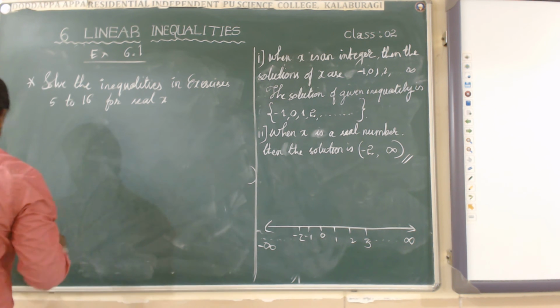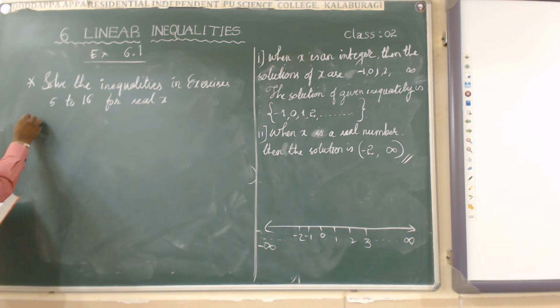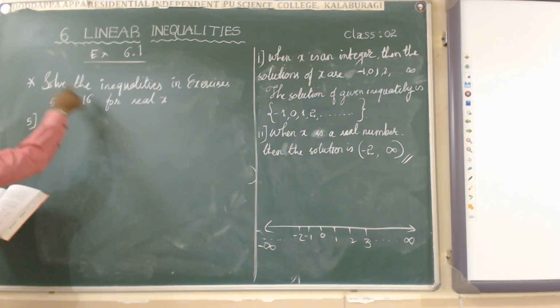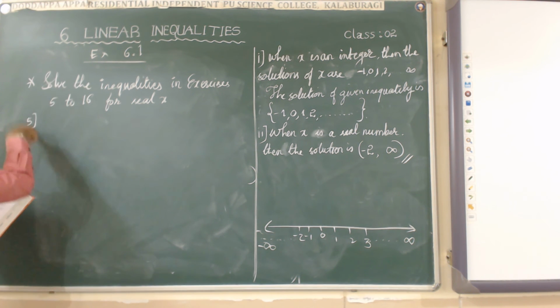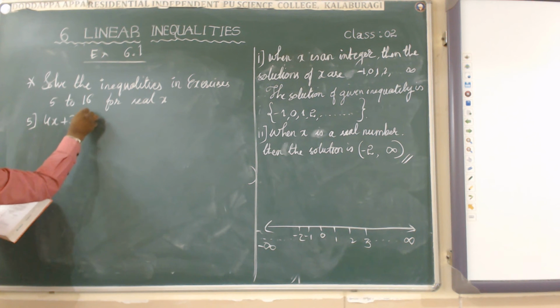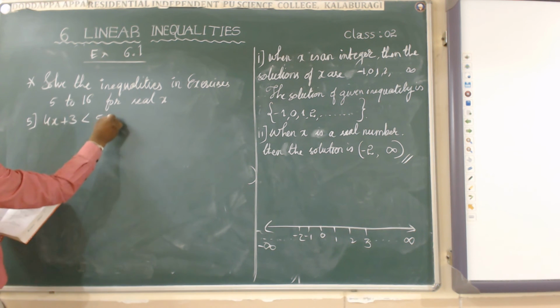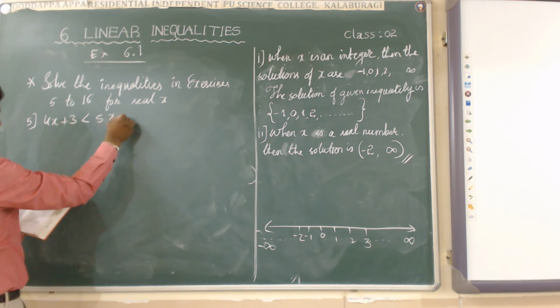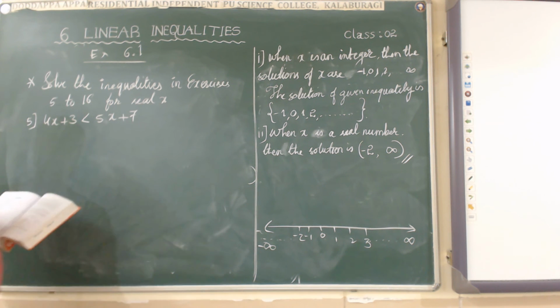I am going to simplify the first one, that is the fifth one: 4x plus 3 is less than 5x plus 7.